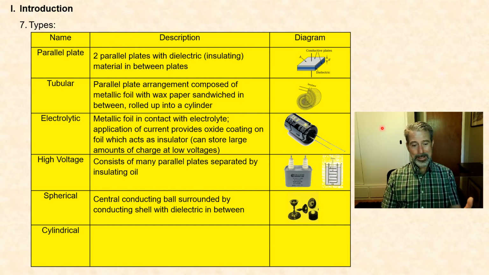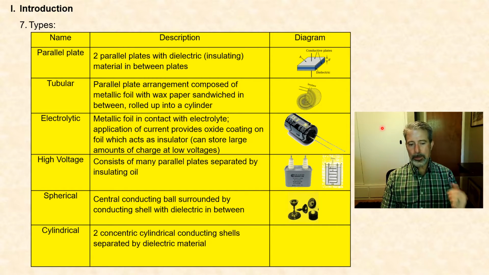I don't think this is ever practically used, but it makes for a nice problem because the geometry is so simple that we can easily calculate the electric field and the potential difference between the two conductors. We'll take a look at this problem later, but just so you know, it's not a very practical type of capacitor.